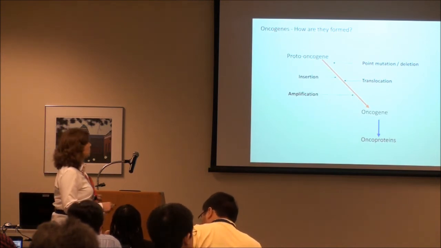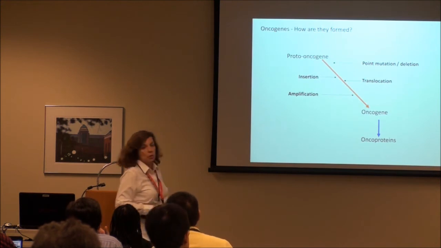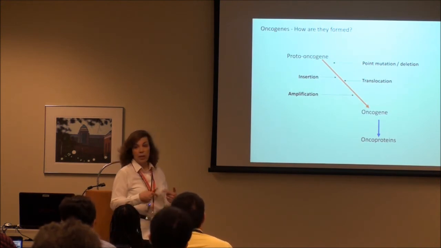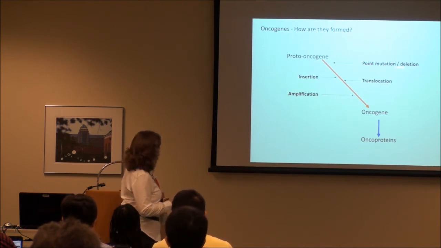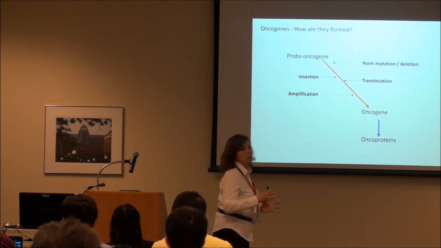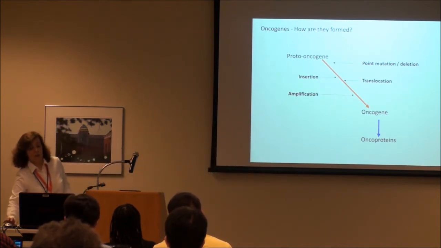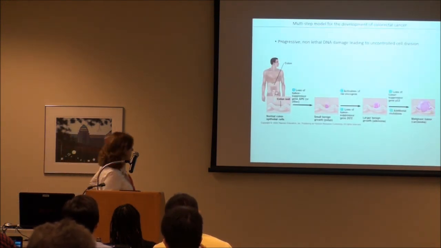But only about 20% of these viruses can turn proto-oncogenes into oncogenes. There are other mechanisms like amplification of genes, of course mutations, point mutations, deletions, or translocation of genetic material, which can all change these genes from proto-oncogenes into the oncogene.